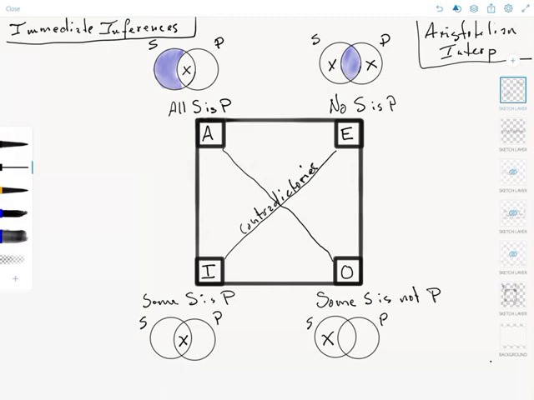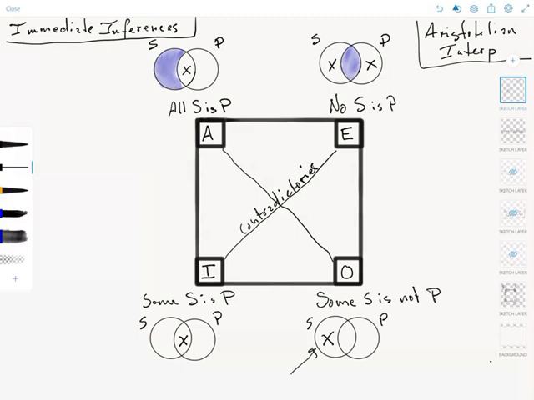But a more exhaustive or definitive way is by looking at the relationship as it's depicted by the Venn diagram. Have a look at "All S is P." In the diagram, we have shading, which means that that region of S is empty. And if that region is empty, then it can't possibly be the case that there's an X in it.